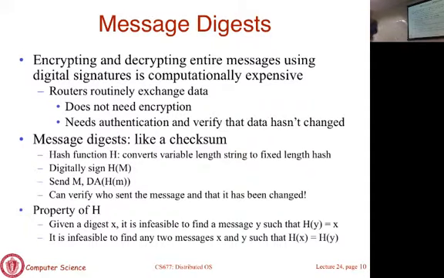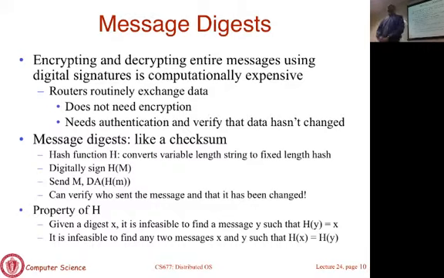All of this works well so long as we have some good properties of the hashing function. First of all, given a hash, you shouldn't be able to construct some message that will generate that hash.